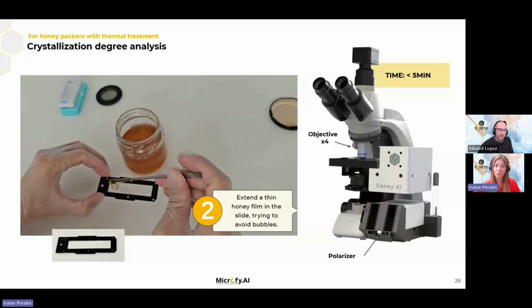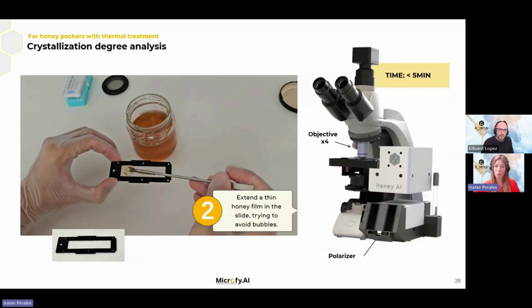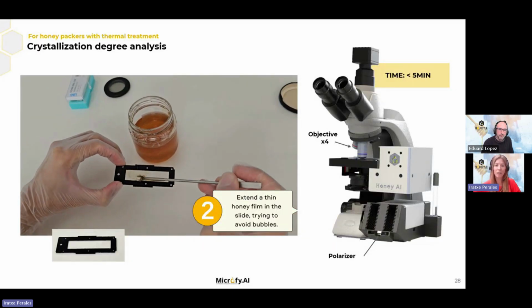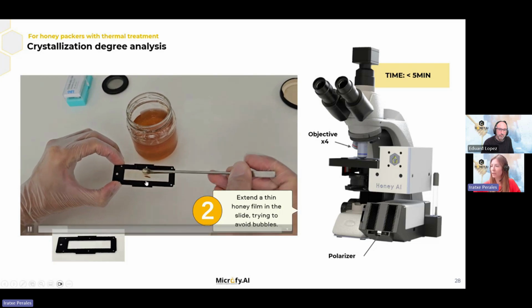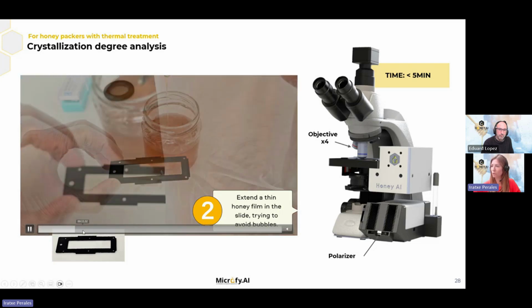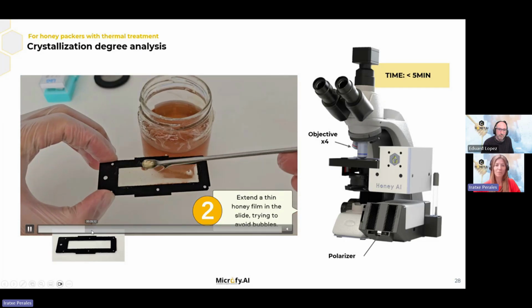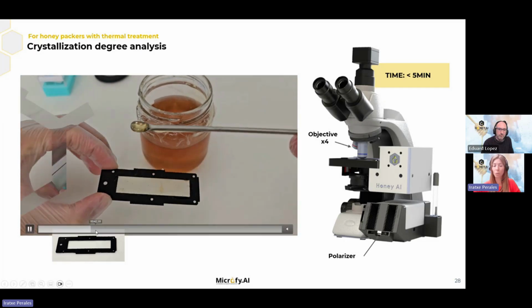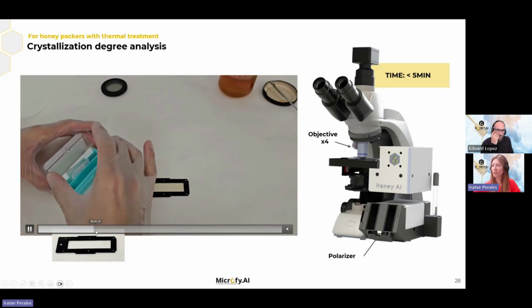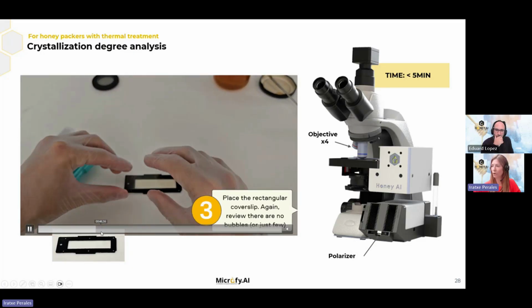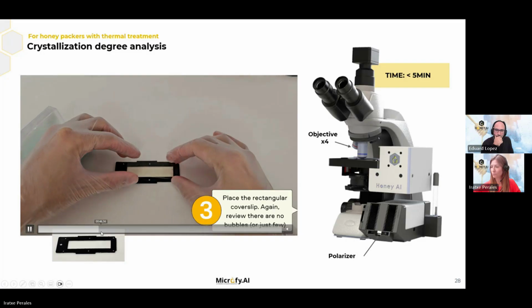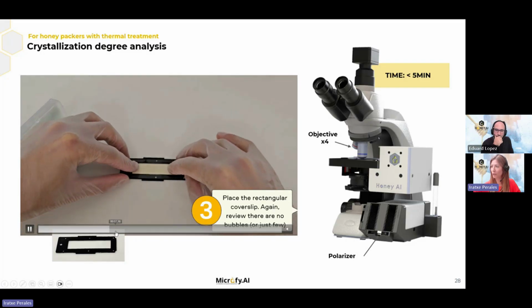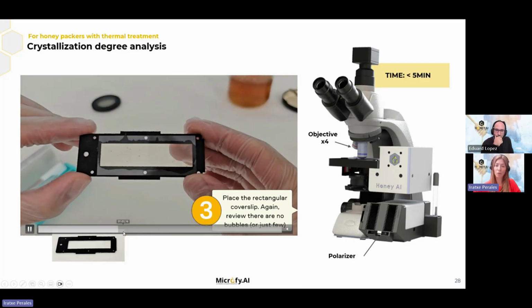This is intended for liquid honey, so that's why you can put a thin film in this slide. I wanted to show you how you prepare it, because this is the only device all around the world with which you can measure this type of value. So here you put the cover, avoiding bubbles.